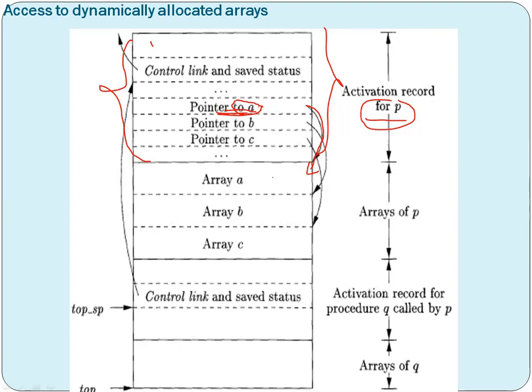So the array data will be stored somewhere whose address is stored here, pointer to A. Similarly, pointer to B represents the address of array B, where exactly the data is available. So this is the format of variable length data representing storage in the activation record.